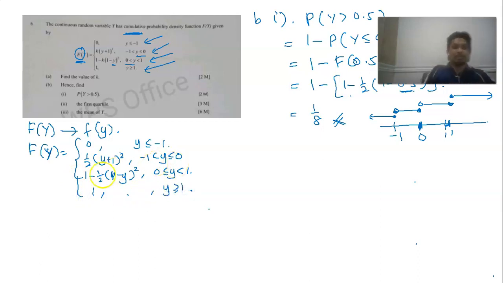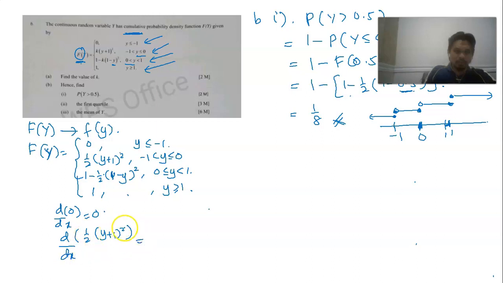So now we are going to differentiate this one by one. The derivative of 0 with respect to y is 0. Differentiate 1 over 2 times (y plus 1) squared with respect to y.